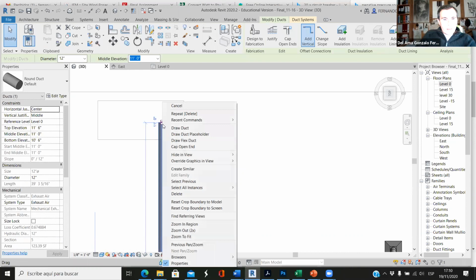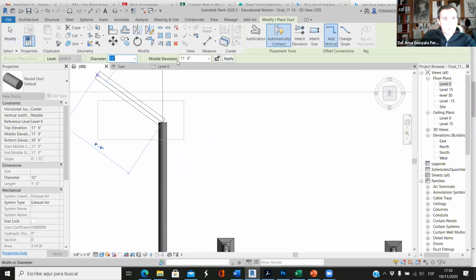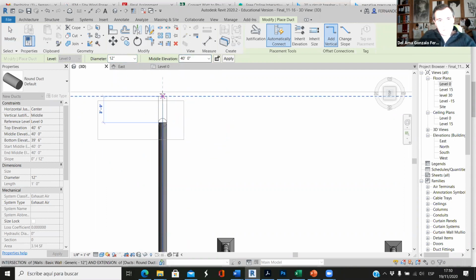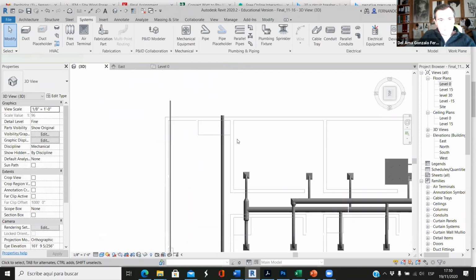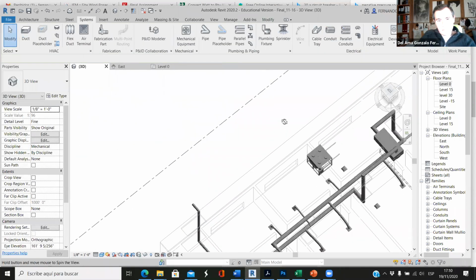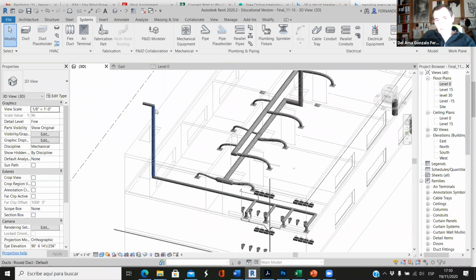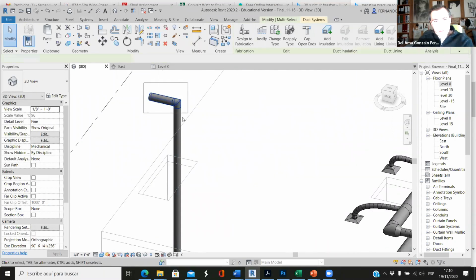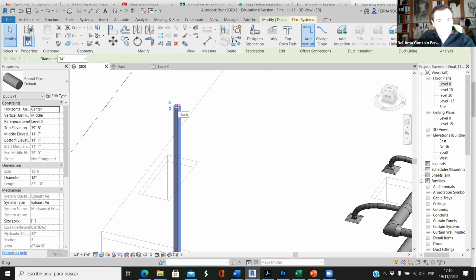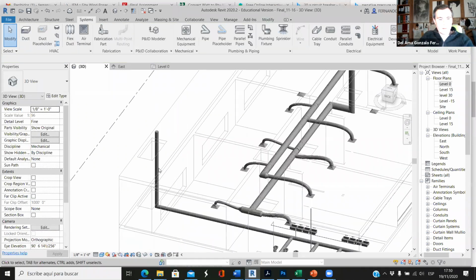So from this one, I need to go up, draw duct, diameter, elevation, say 40. Okay, and I get rid of that air. Probably I don't need such a. There you go.